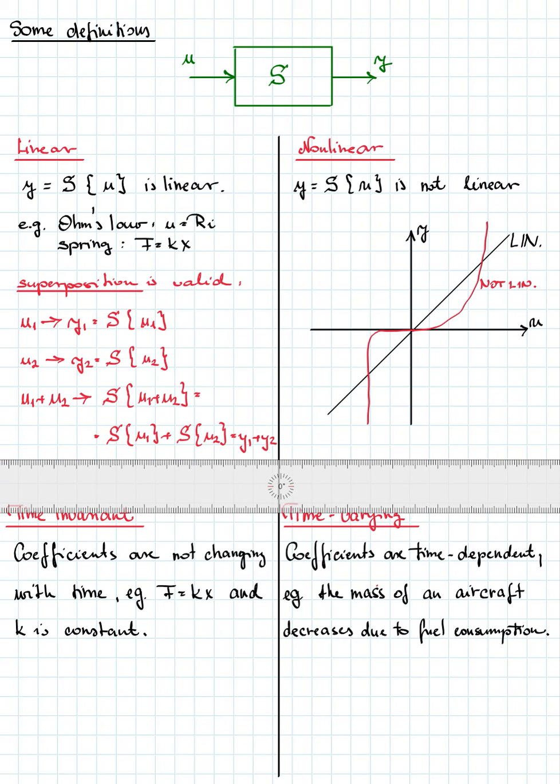The output will be y1 plus y2. If it is valid, so the representation S is linear, we say that the superposition is valid and the system is linear. For example, let's see, this is u1 here, this is u2 here, and the output is y1 and y2.